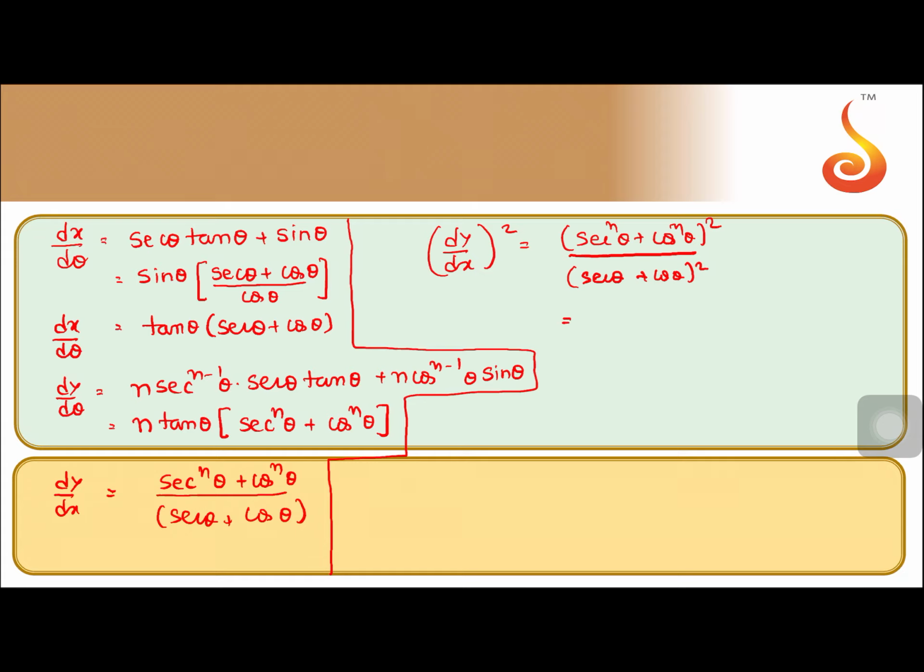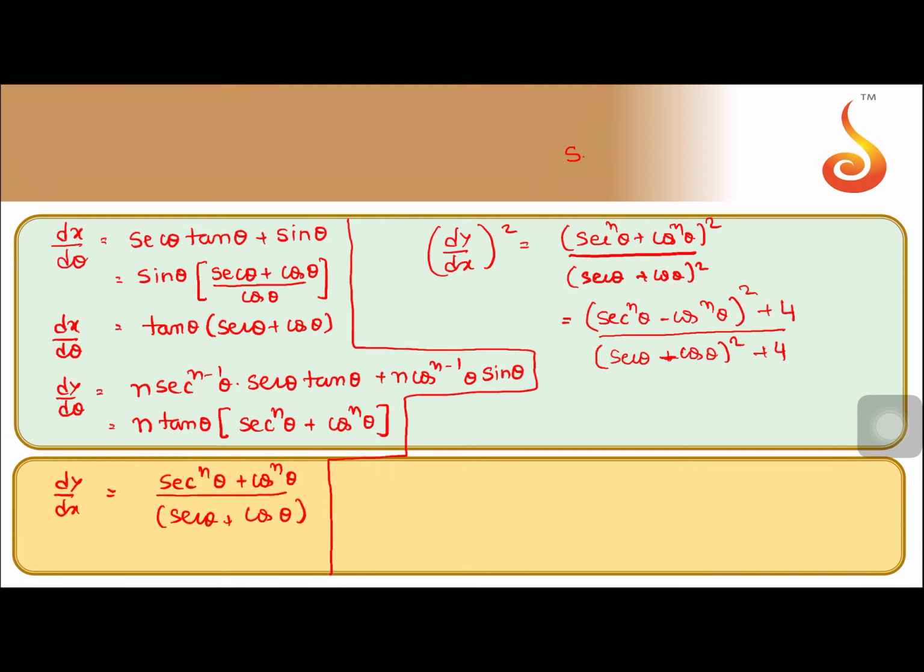But if you expand this, it is in the form of a plus b whole square. A plus b whole square can also be written as secant to the power n theta minus cos to the power n theta whole square plus 4ab. What happens to ab? Secant to the power n theta times cos to the power n theta is equal to 1. Similarly, in the denominator, secant theta minus cos theta whole square plus 4.